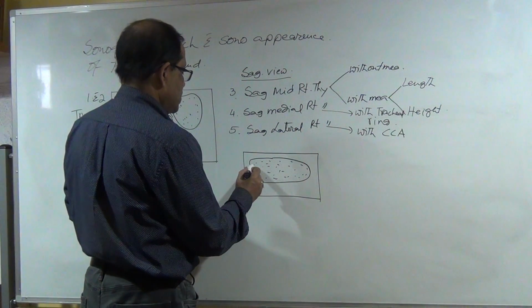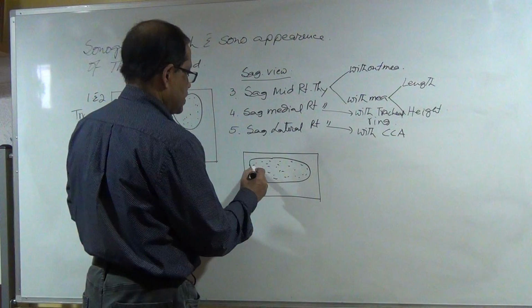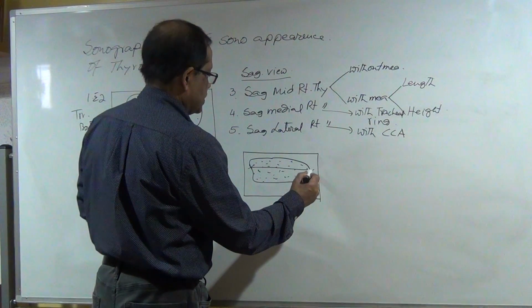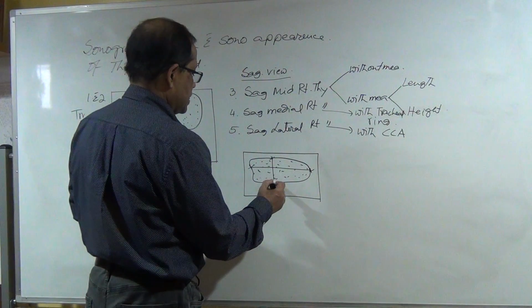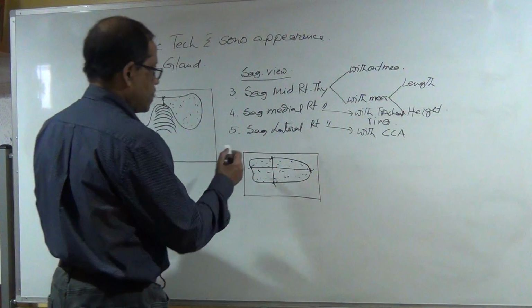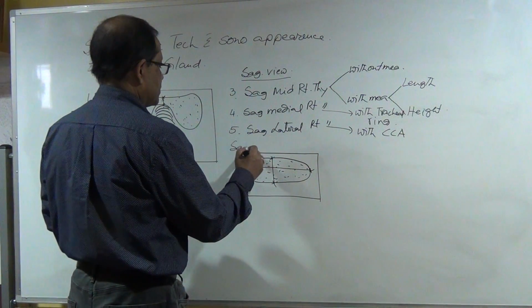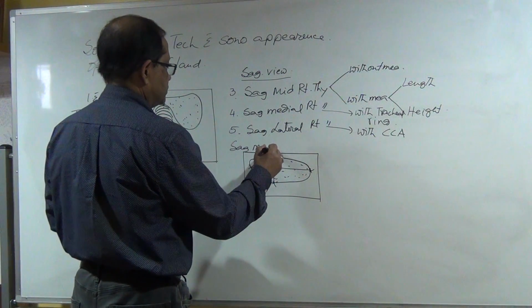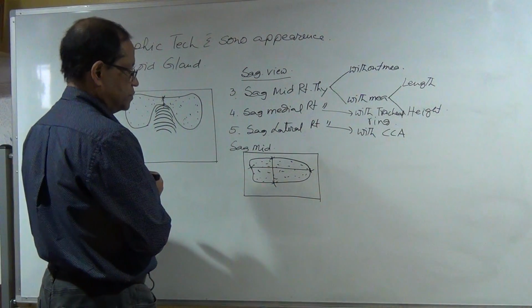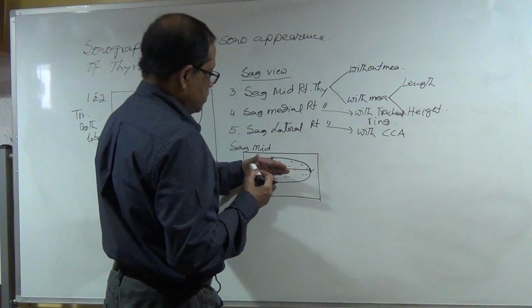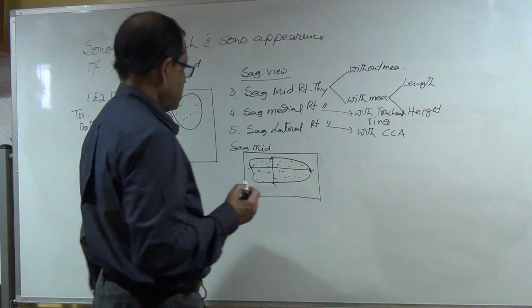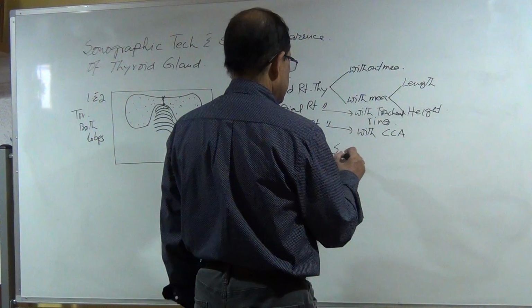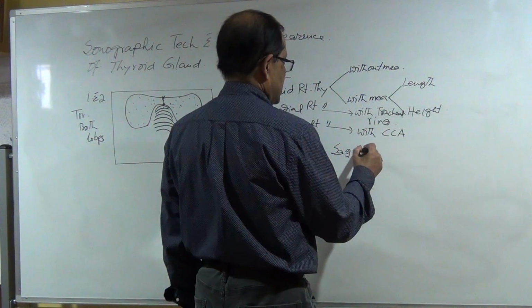So you have to measure from here to there. It's a length, and you're going to measure from here to there. This is height. This is sag mid. One image you're going to take without measurement, and second image with measurement. And sag medial.